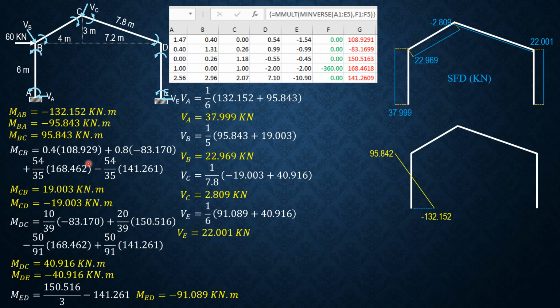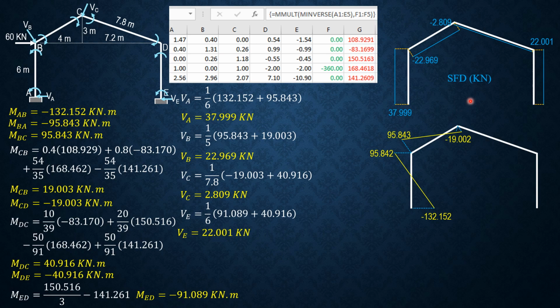The expected value is 95.843, so that's very good. Then we begin with 95.843 minus 22.969 times 5, and we'll have here negative 19.002. The expected value is 19.003, so that's very good.